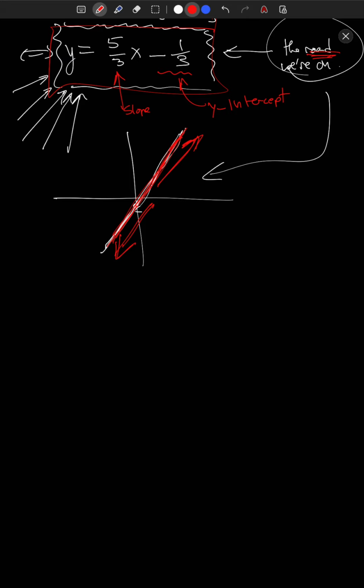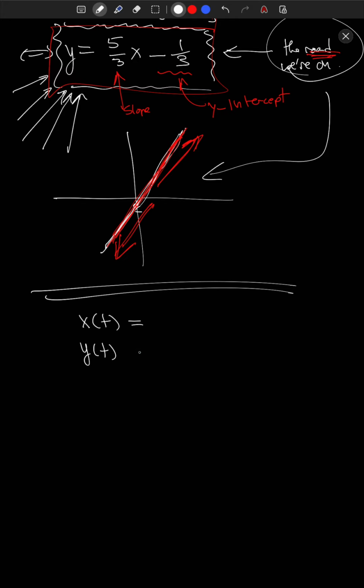Let me do another example. Let's say we have a motion, or a parametric equation, and this time it's x of t equals t plus 1, and the second one, y of t, is t squared.